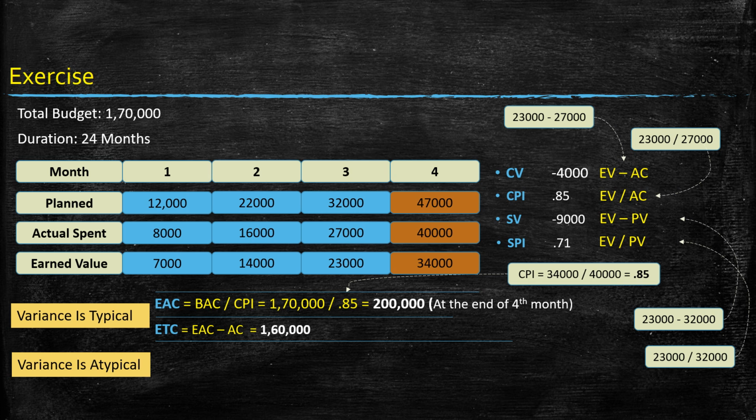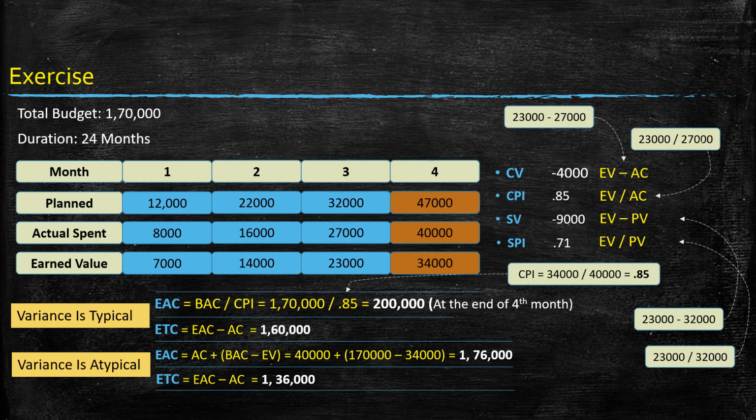Here EAC is calculated by subtracting earned value from BAC, and adding it to the actual cost, and finally we get $176,000. So in our scenario where this is one time, we have a new budget of $176,000.